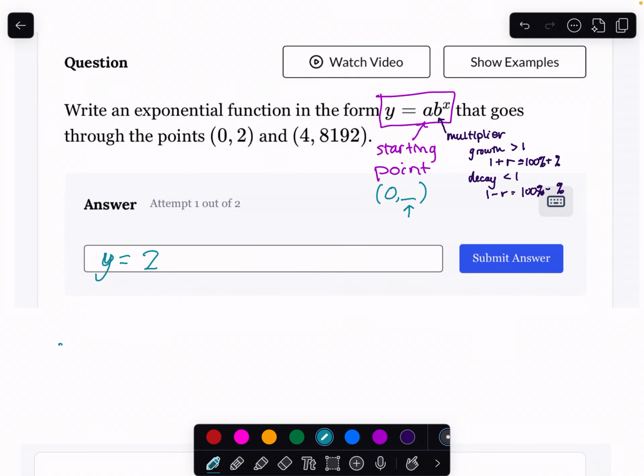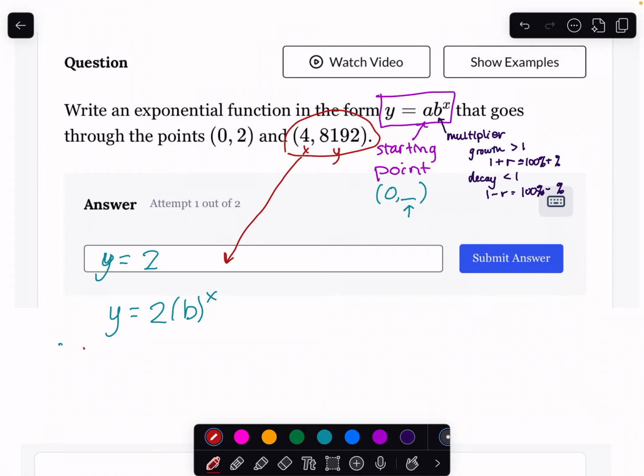So far we would have y is equal to 2 times b to the x. But we don't know what that b is. We can just plug in this point right here, remembering that this is the x and that's the y.